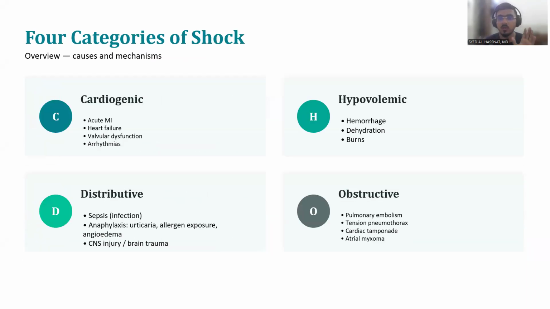Before going into the types of shock, what is shock? Shock is when your body's vital organs are not receiving enough blood, and when they are not receiving enough blood, they cannot receive nutrients from the blood, and when they cannot receive nutrients, they cannot perform their vital functions. If the organs cannot perform their vital functions, it can be life threatening for us to survive and function in our daily activities.